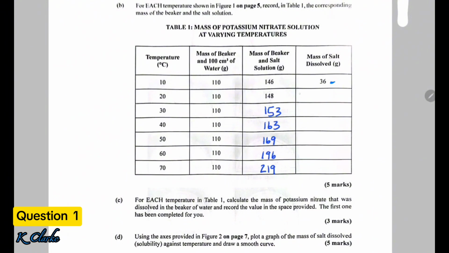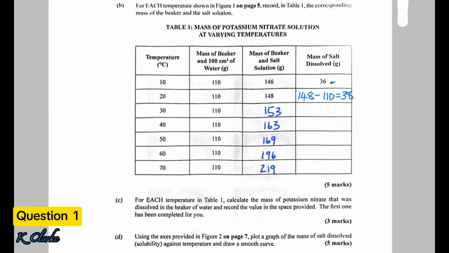So 148, which is the mass of the beaker and the salt solution, minus 110, which is the mass of the beaker and 100 cm³ of water, equals 38. So this mass of dissolved salt is 38 grams at 20 degrees Celsius.